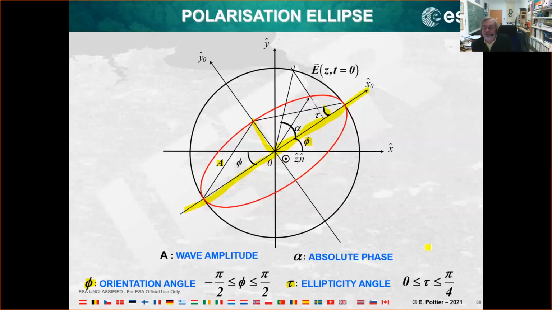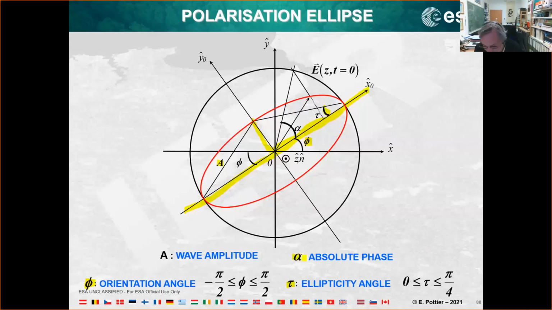Okay, but if I put all the description, I shall have no more space to put everything. You have the name here: phi is the orientation angle, tau is the ellipticity angle. Okay? A is the wave amplitude, and alpha is the absolute phase.